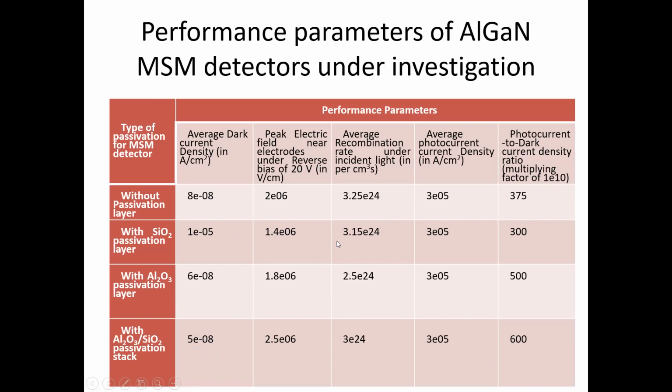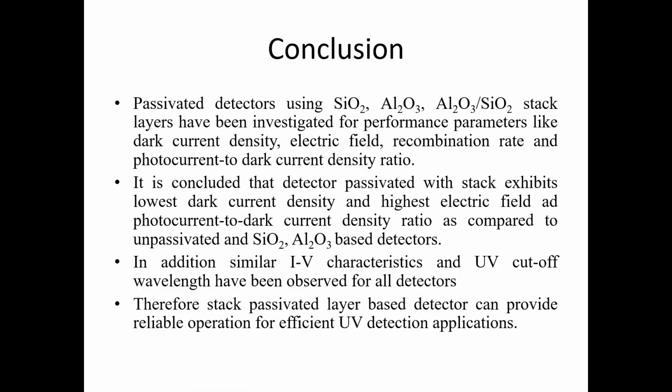So in this table, we can see that the highest electric field and the highest photocurrent to dark current ratio have been obtained with this particular passivation stack layer, and the lowest dark current density out of all is also with the passivation stack layer. And the average recombination rate is almost the same, which is very low in this case also.